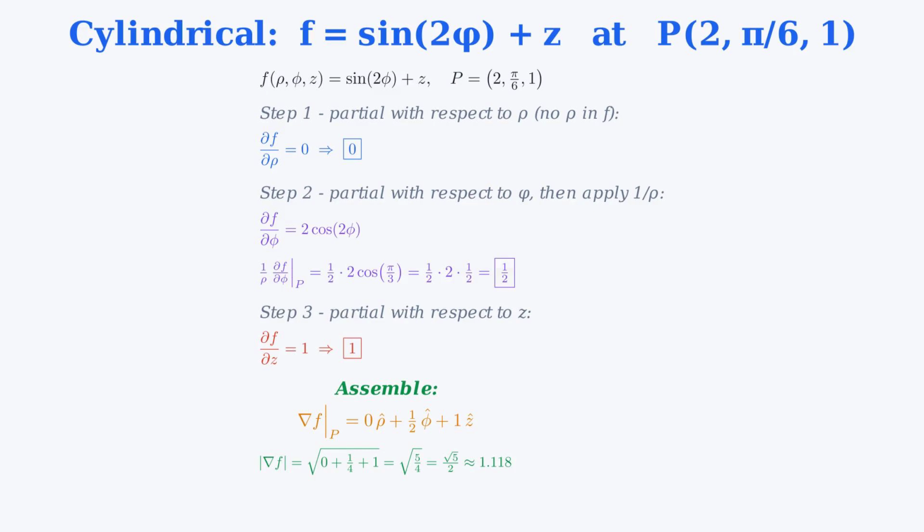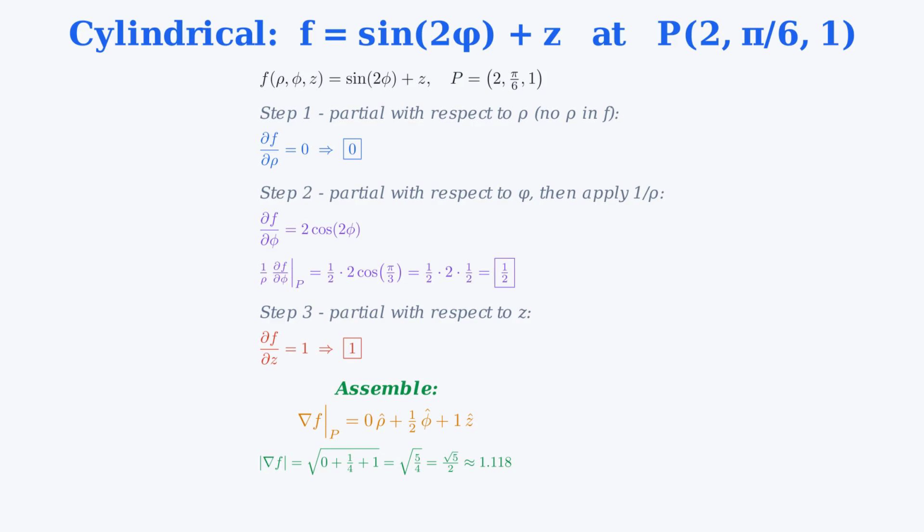Step 2. Partial with respect to phi. Now rho and z are the constants. The derivative of sine of 2 phi with respect to phi is 2 cosine of 2 phi. The derivative of z is 0. So partial f partial phi equals 2 cosine of 2 phi. Now apply the cylindrical recipe. The phi component of the gradient is 1 over rho times this partial.